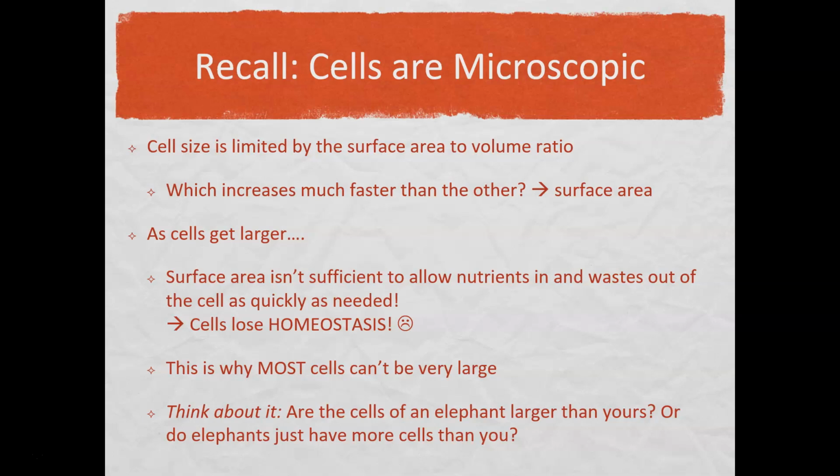So as that cell gets larger, the surface area isn't sufficient enough. It's like stretching out a water balloon. I'm trying to stuff too much volume in not as much surface area. Eventually, that water balloon loses its homeostasis and pops. In the case of your cells, it's going to lose its homeostasis and die. Right? This is why your cells can't be so big.